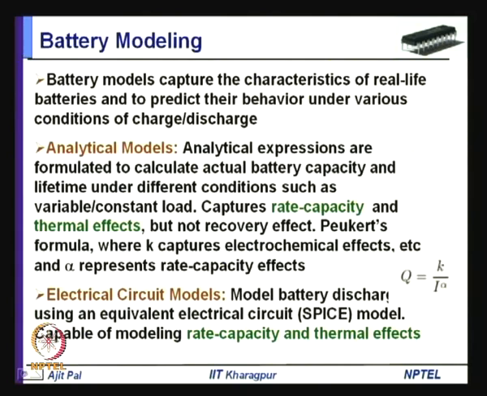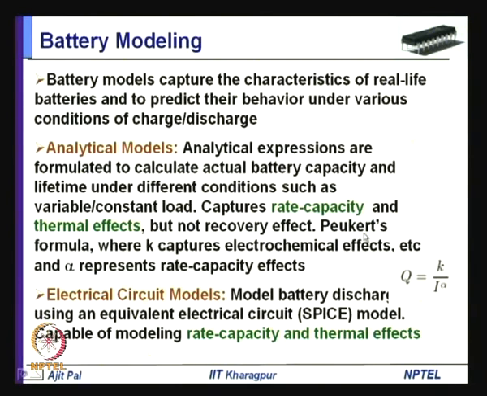So, this type of equation is provided in the analytical model. It captures the rate capacity and thermal effects, that is, the impact of temperature, but not the recovery effect. So, the analytical model cannot take care of the recovery effect.